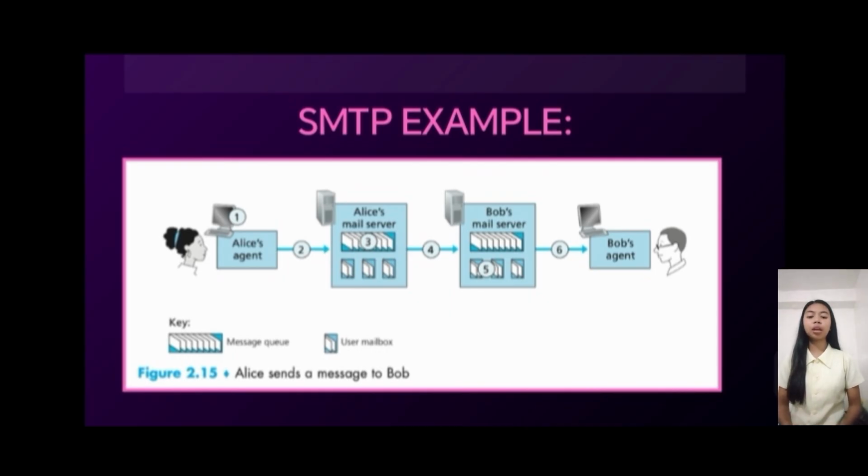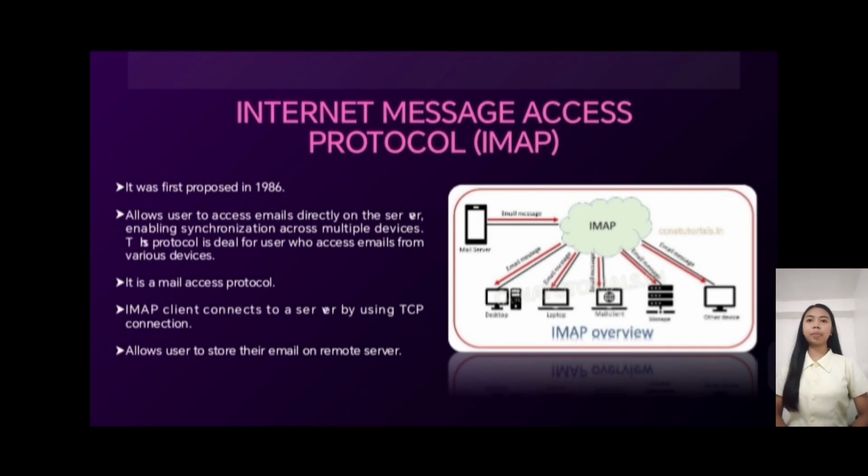And in the sixth step, Bob's user agent accesses the mail from Bob's mail server. But in this step, the SMTP protocol is not used, because when accessing the mail server, IMAP or POP3 is used.